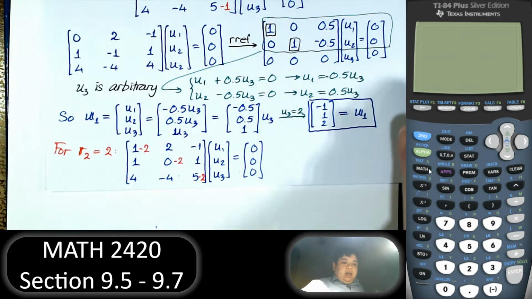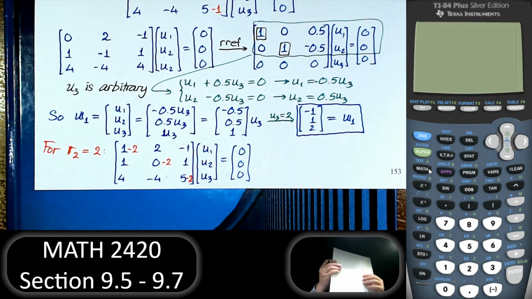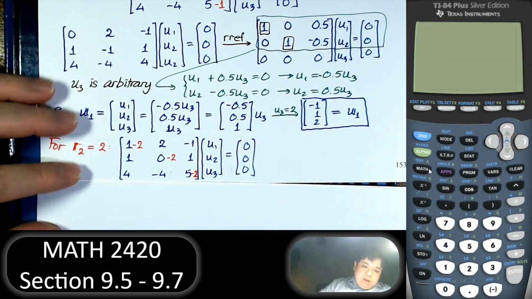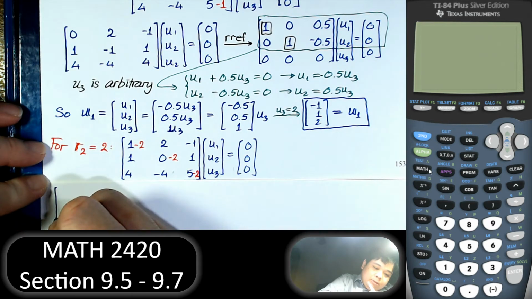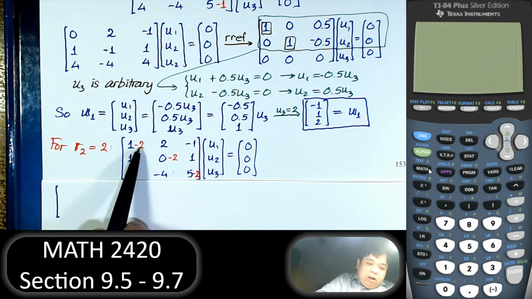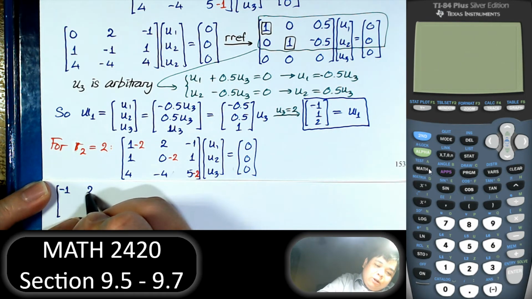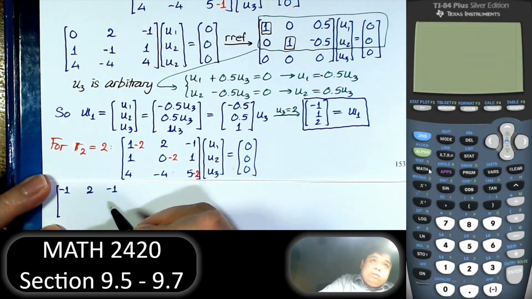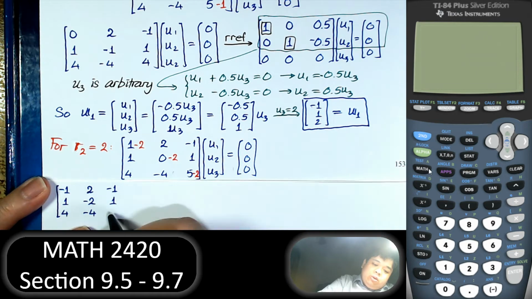Right. I try to write very small here. So we have minus 1, 2, minus 1, 1, minus 2, and 1, 4, minus 4, 5 minus 2, 3.